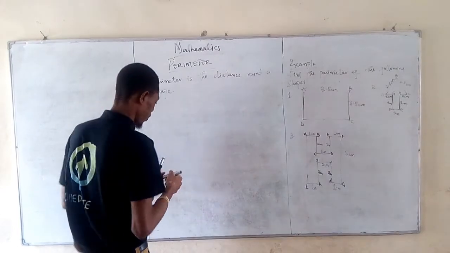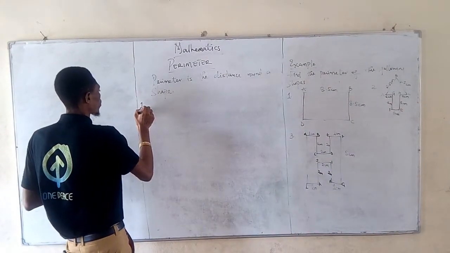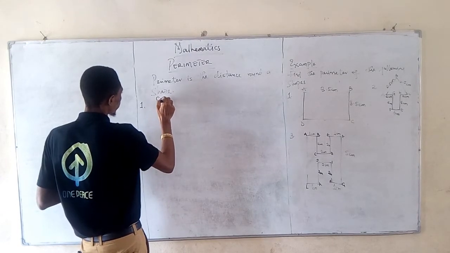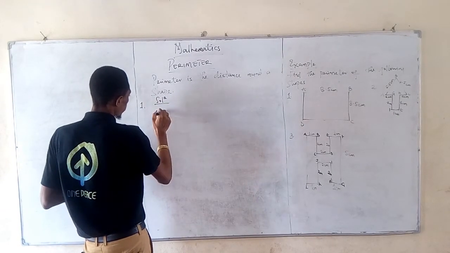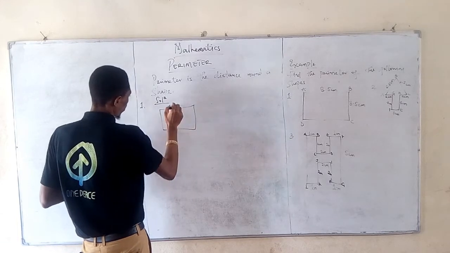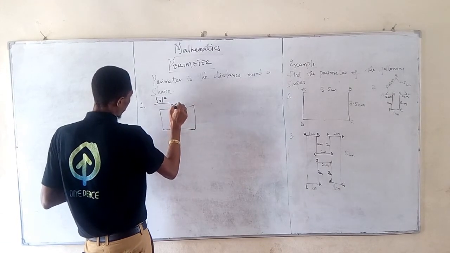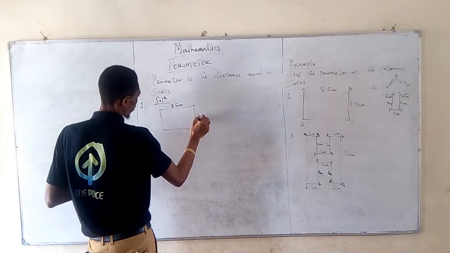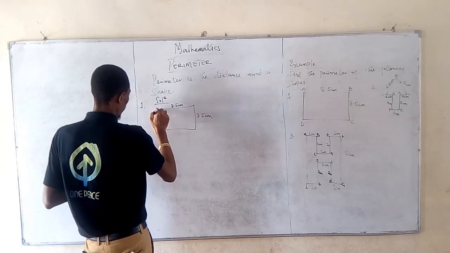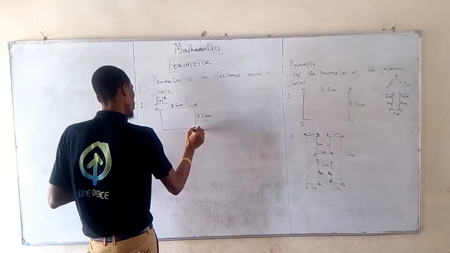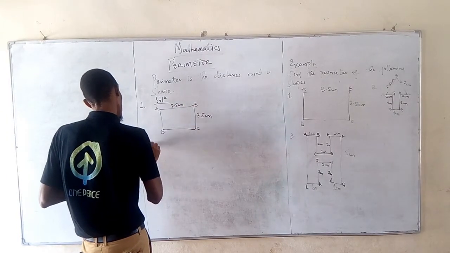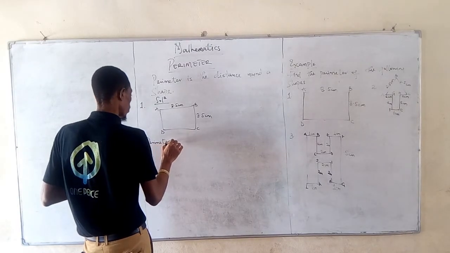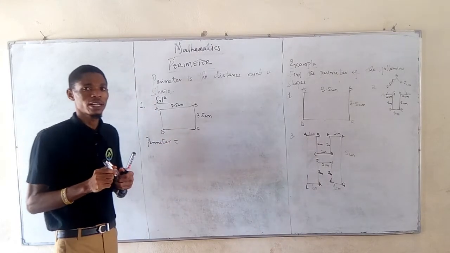Now for the first shape, it's a rectangle with this side to be 8.5 cm and this side to be 3.5 cm. This is A, B, C, and D. So our perimeter is the sum total of the distance around the shape.